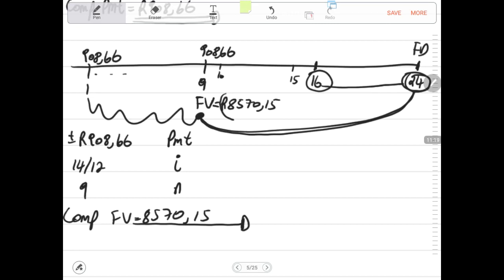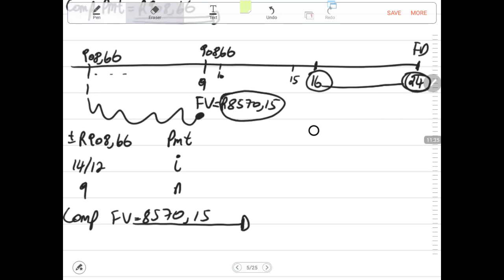So this amount will earn interest from month 10, 11, 12, 13, 14, 15 up to month number 24. So now we need the future value of this future value, which now becomes the present value. We need to take this as the present value, plus minus 8,570.15.